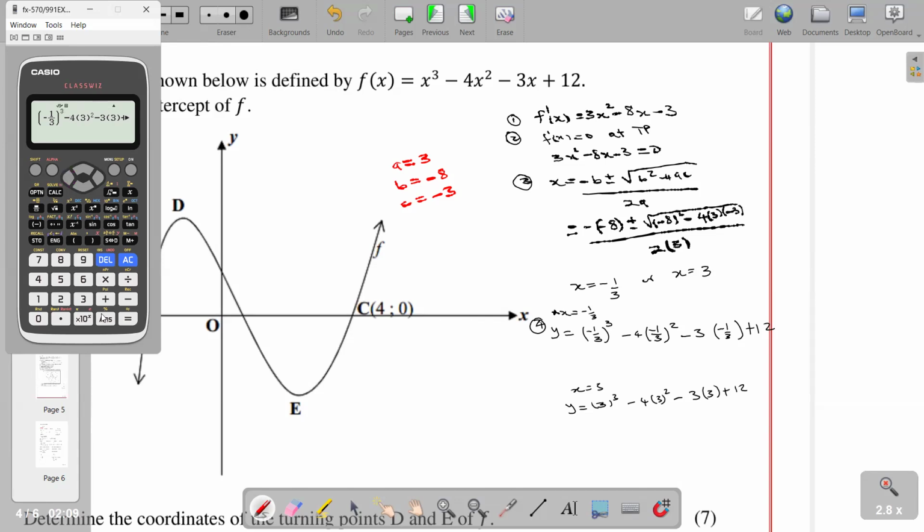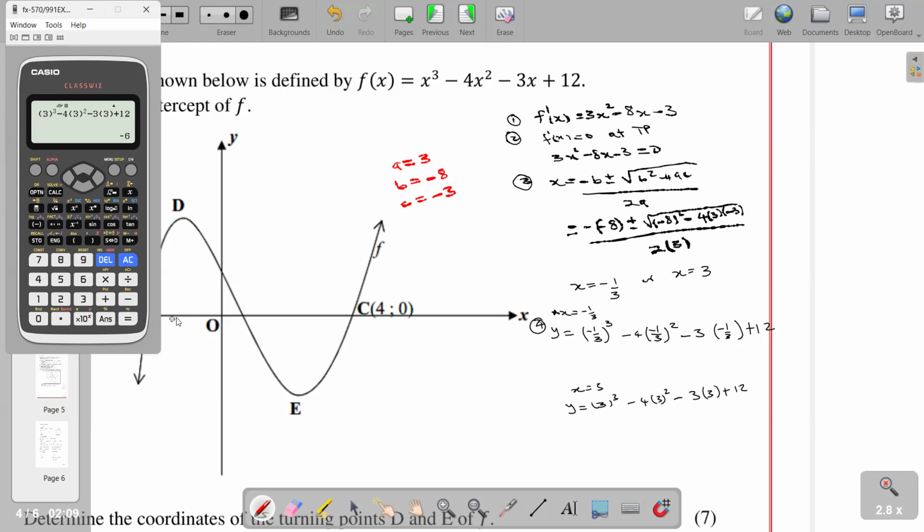Here, substitute 3. Then our answer, oh, I made a mistake. Our answer is minus 6 there.